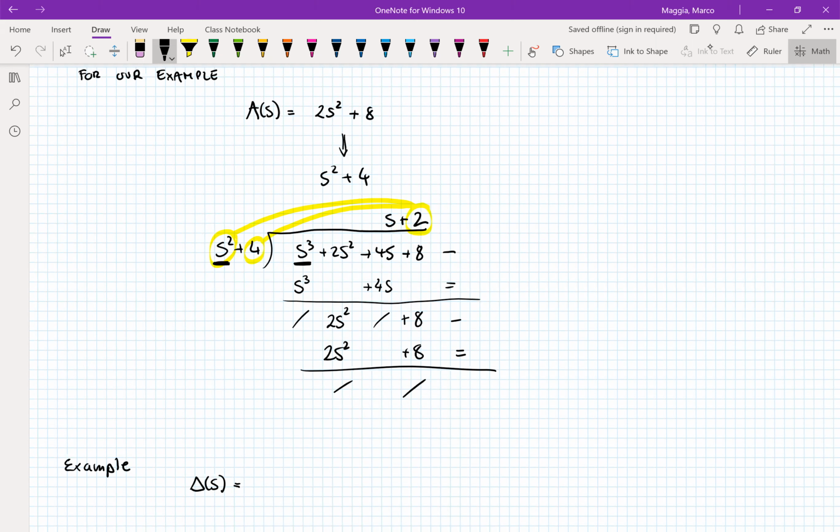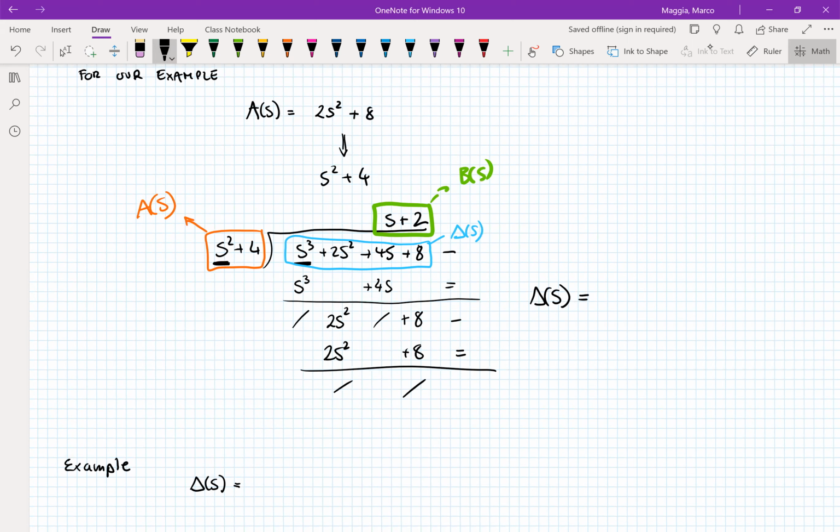So it means that s plus 2 is the polynomial that we called b of s. This was our characteristic polynomial, and we divided it by the auxiliary polynomial. So for what I wrote in comment 1, we have that delta of s is equal to a of s times b of s.